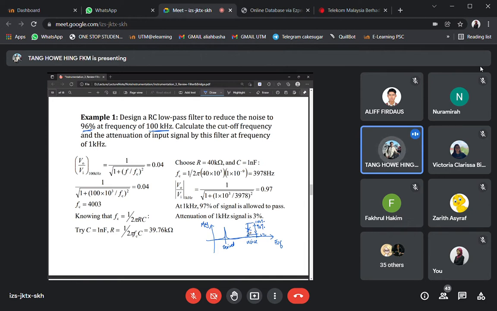Only 4% of this noise is allowed to go through the filter, whereas the other 96% has to be removed. So after it goes through this, we will most probably get a new spectral plot like this, with a spike which is only 4%. Okay, clear? You understand this question?